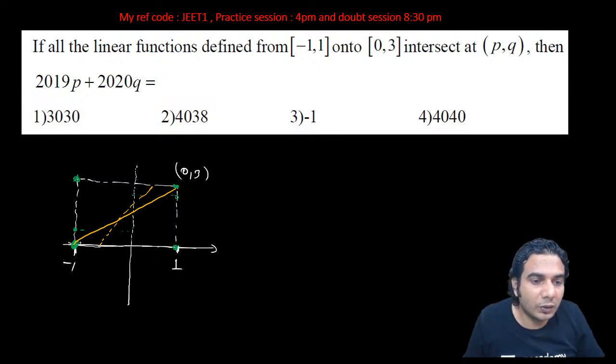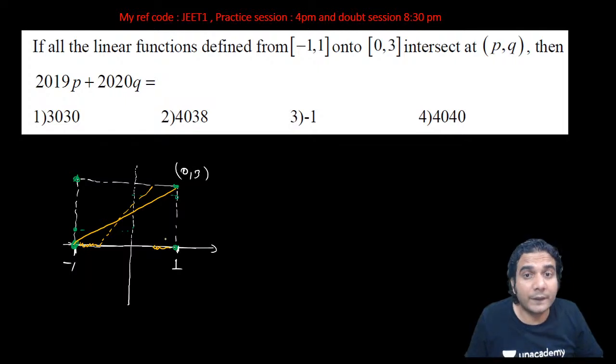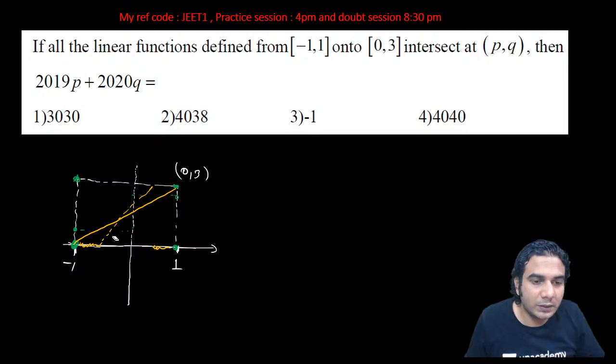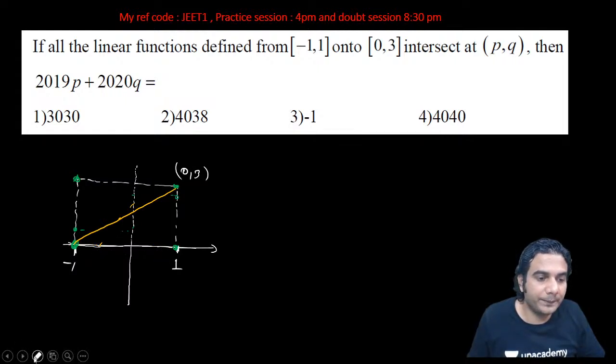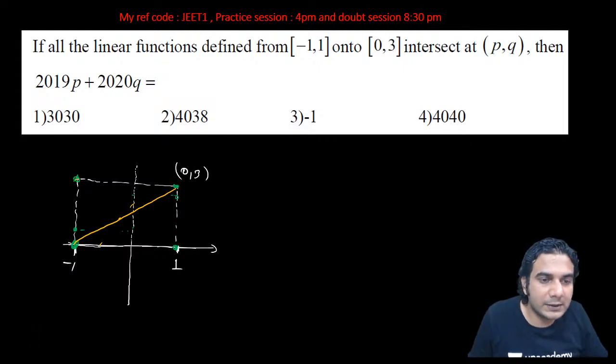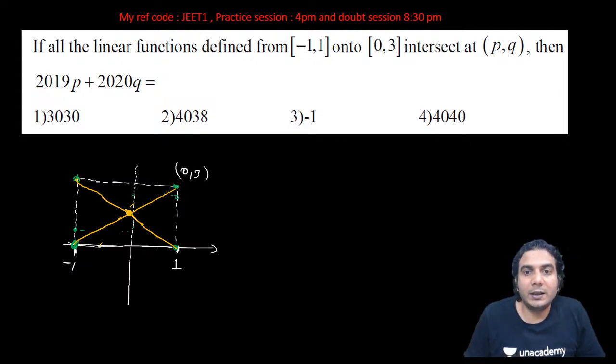See, there's no line in this portion, so this is not a function at all. You need to draw a function between -1 and 1. You can't draw like this either, otherwise it would have covered the complete codomain. So there's only one possibility like this, and the other possibility is like this.